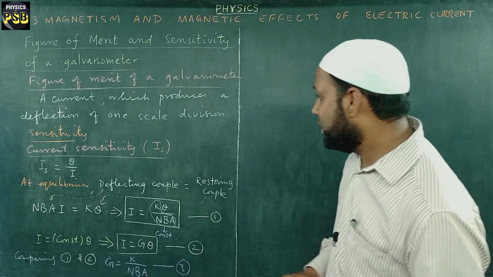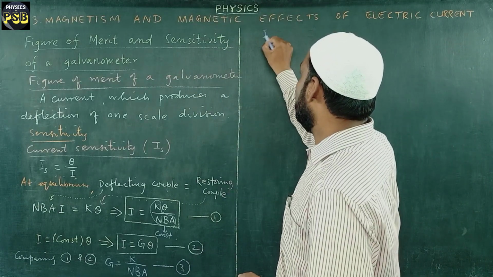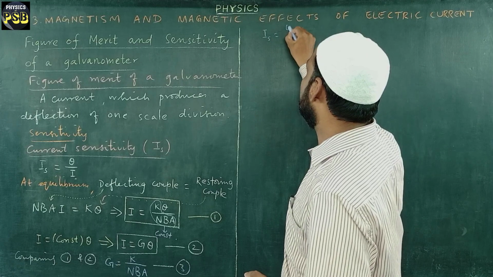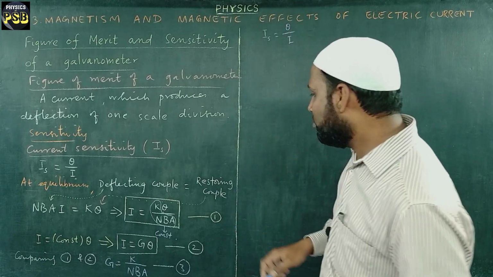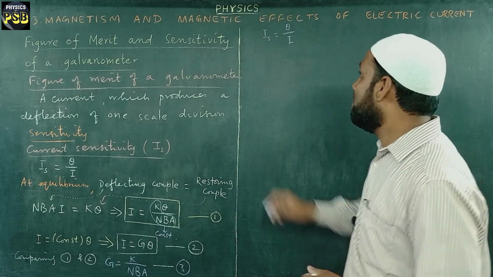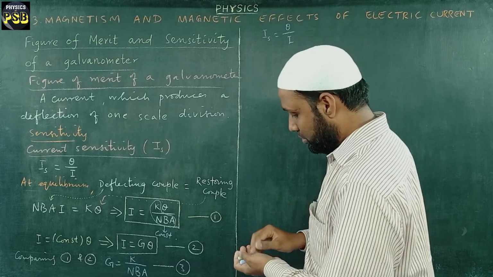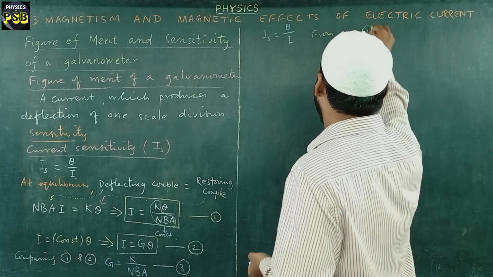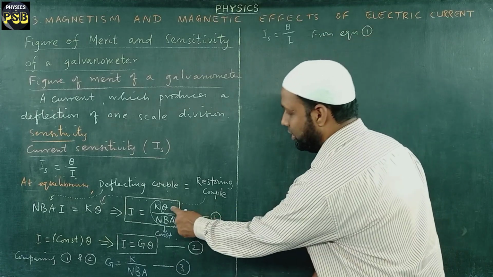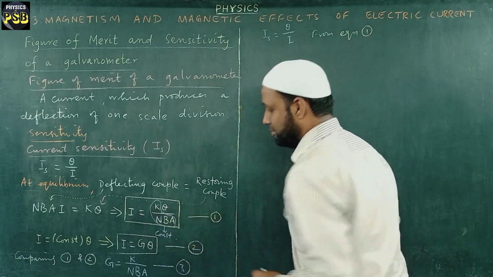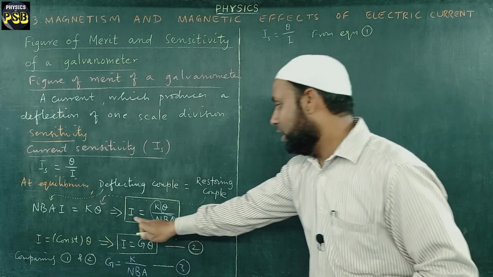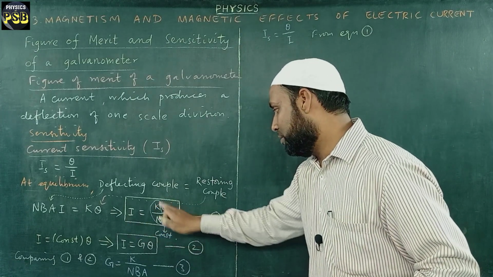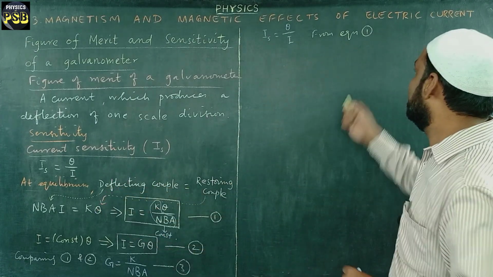Now my aim is to get the current sensitivity. So what is current sensitivity? Current sensitivity is IS, which is equal to theta upon I. This can be obtained from equation 1. Here I have theta and I. I bring I this side and remaining terms are taken to that side.